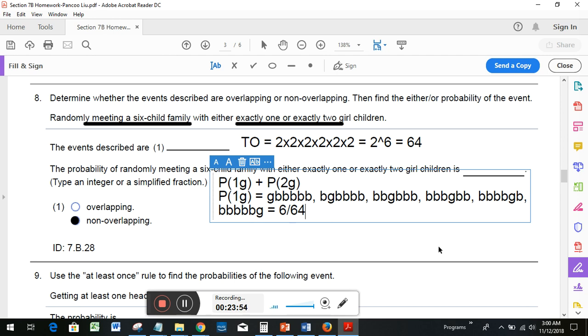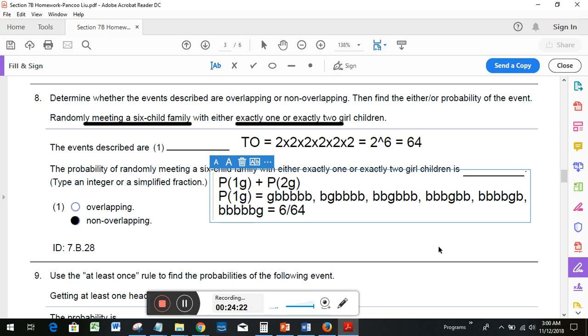Now, technically, it doesn't matter if they're talking about a 5-child family, 4-child family, 3-child family, 2-child family. Basically, the one gender will just switch orders for each combination. So if it's a 5-child family, then you'll have the girl in the first child, girl in the second, third, fourth, and fifth. So 5 out of 32.